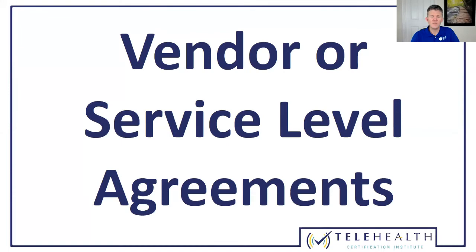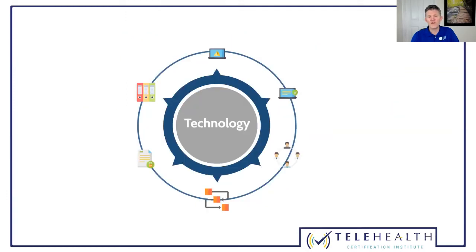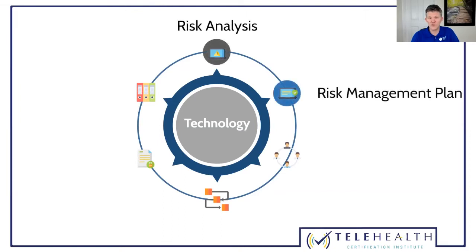But it's definitely worth it to find out what type of service they provide you, what's their history, and to define what's included, what's not included, et cetera. Now, after you select the technology, you're going to conduct a risk analysis of using that technology and create a risk management plan to mitigate those risks, because no matter what technology you select, there are definitely risks to using it.